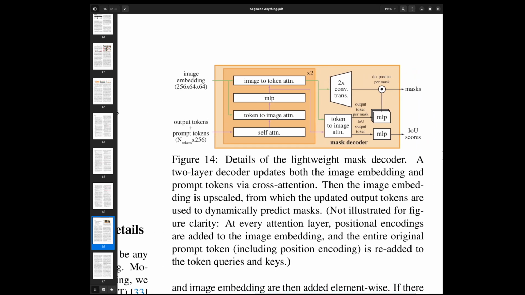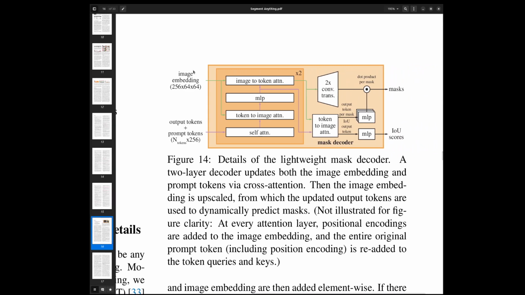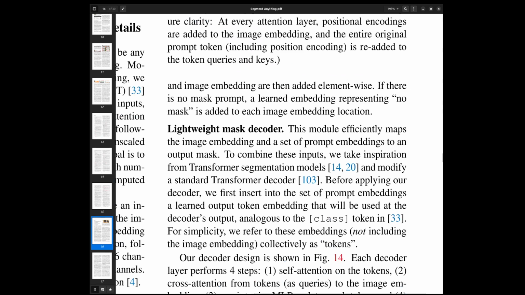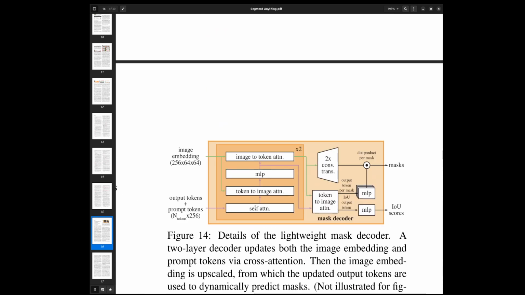Okay. So here is the image embedding, and the mask decoder. Here the prompts are coming, so we have the output tokens plus the prompt tokens, and the output tokens are the ones that will be used to make the prediction. We do the self-attention, so basically all the prompts can see each other.